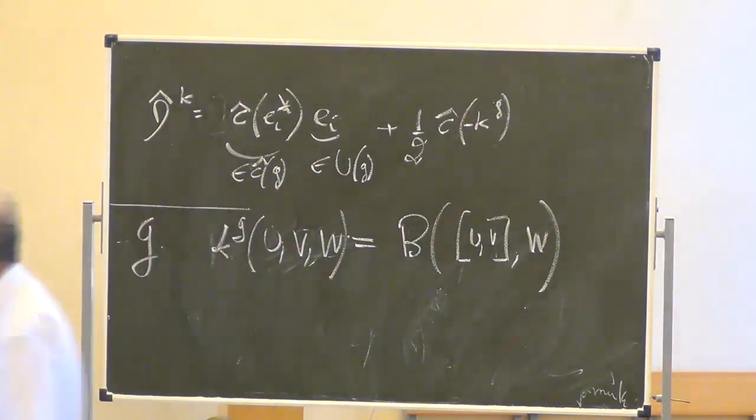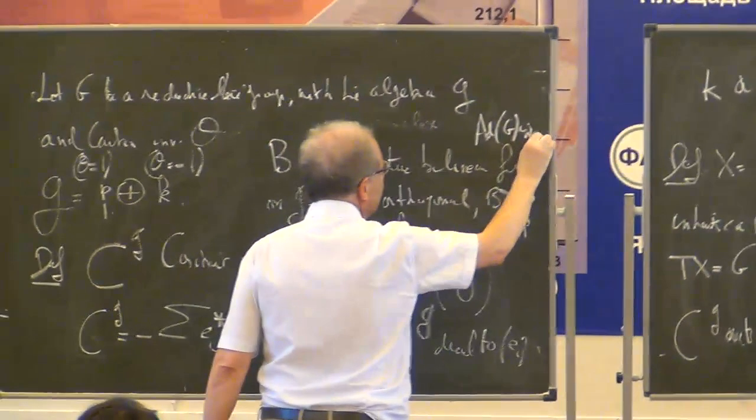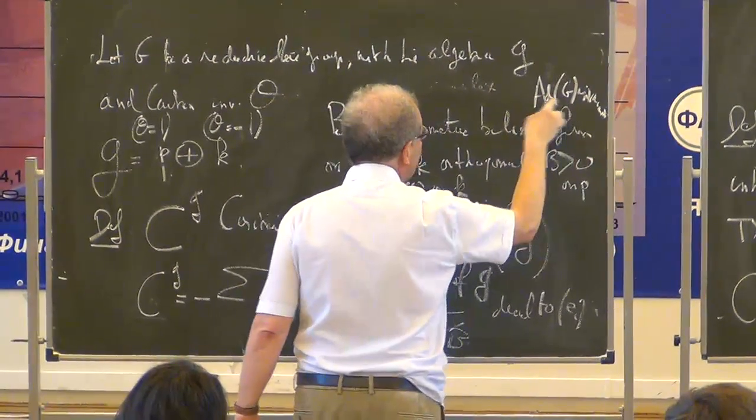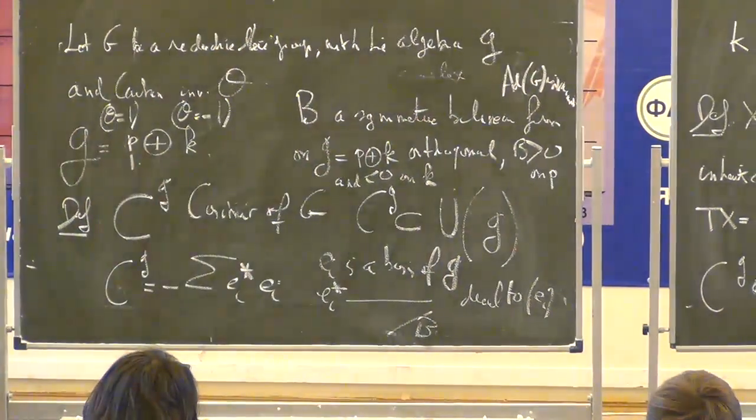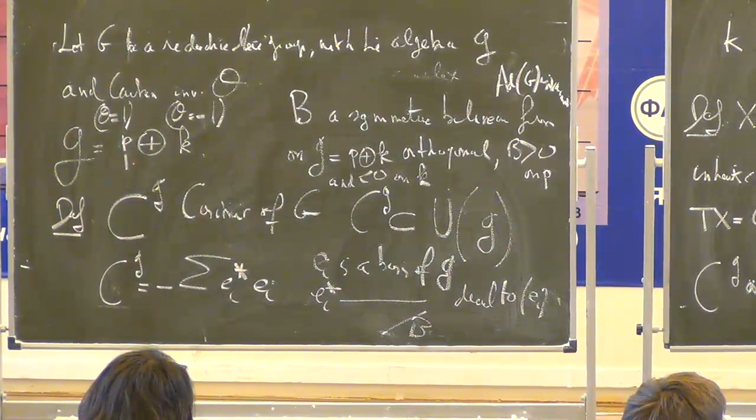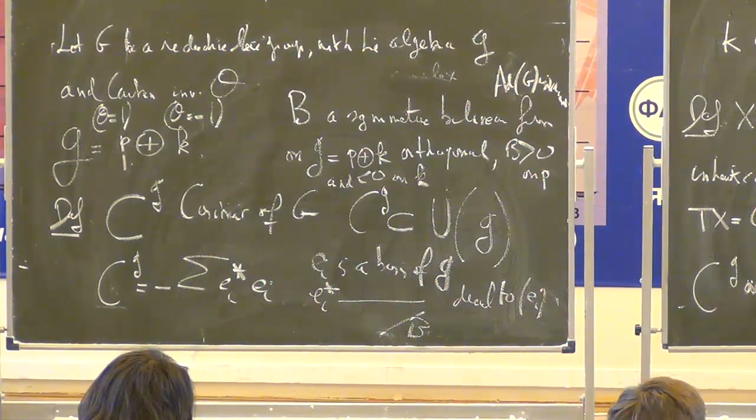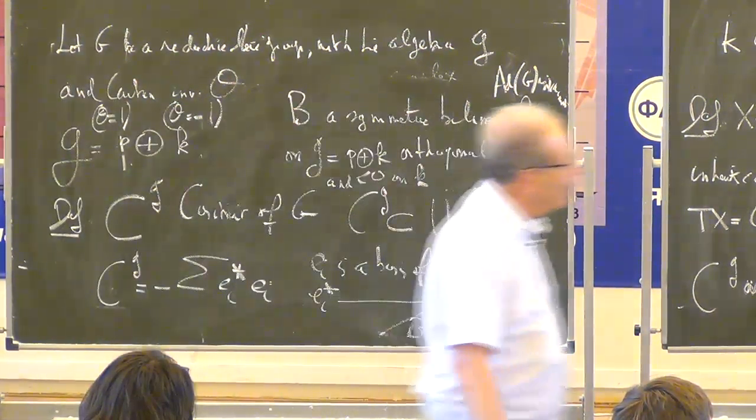It's extremely easy to see that, maybe I should have said that this bilinear form is tautologically, by construction, ad-invariant, ad of G invariant. That is, it is invariant under the adjoint action of the group G on the Lie algebra. Typically that's a Killing form, which has this property.